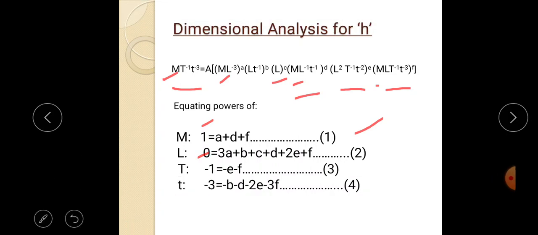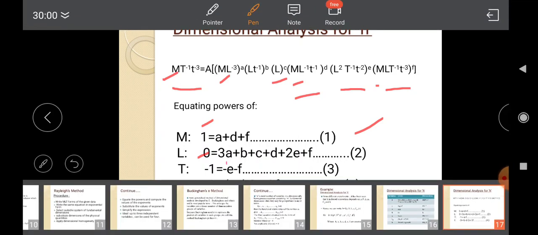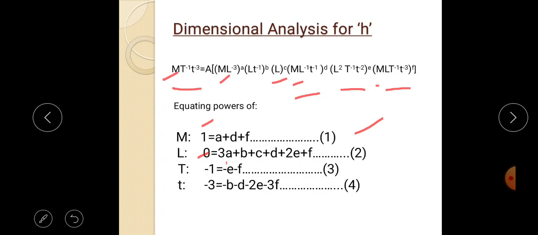In the RHS we have minus 3a, then b, then minus 3 c, I think that is a mistake, then minus d, then 2e, and then f. So this is about L.